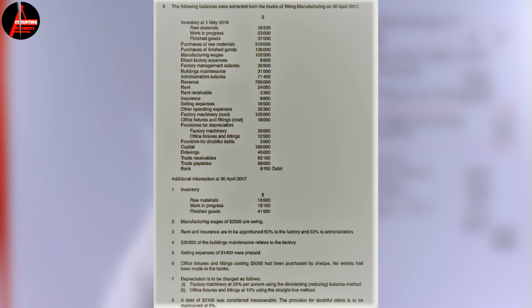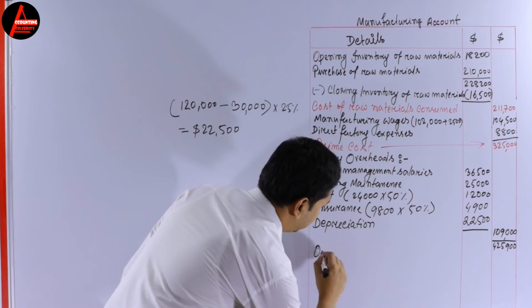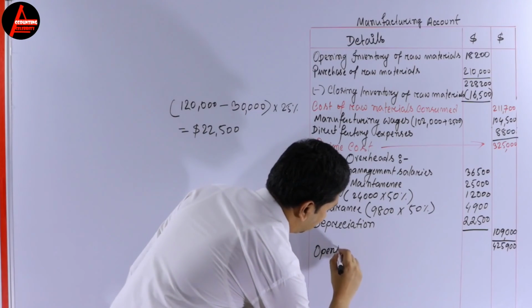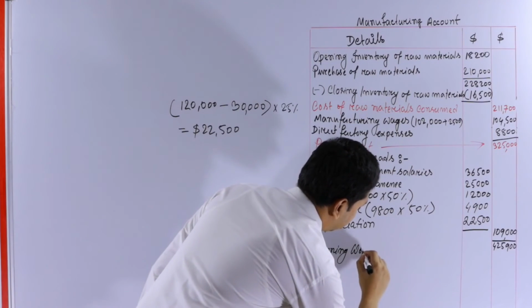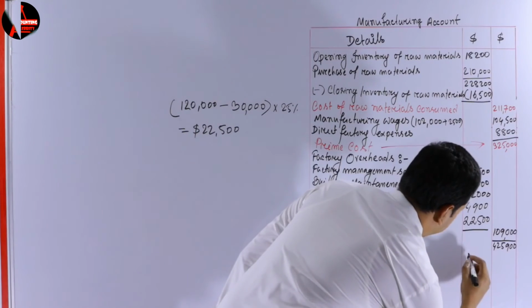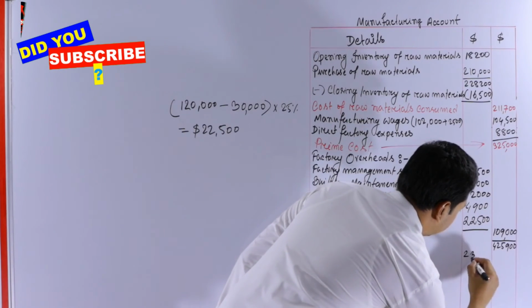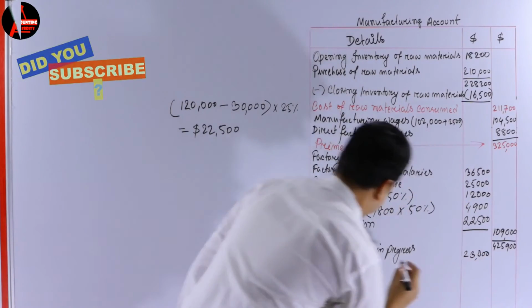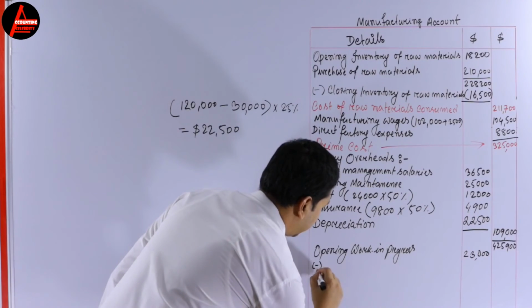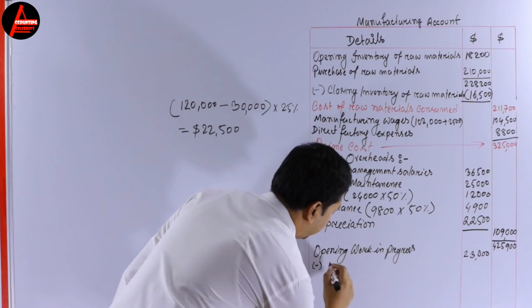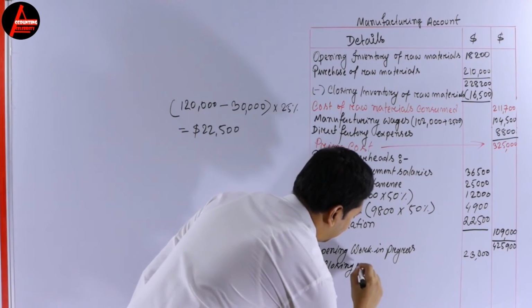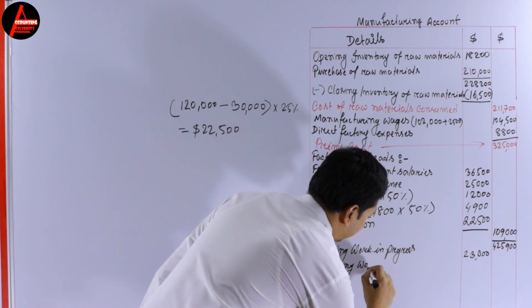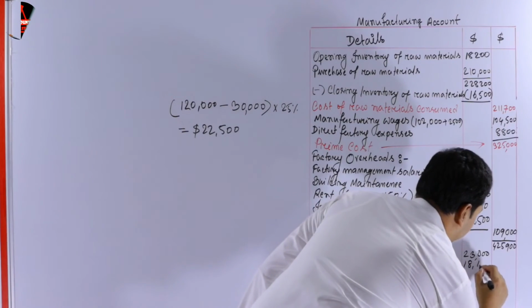Now we have work in progress. Let us write here opening work in progress. It is $23,000, written in the question. Subtract, or less, closing work in progress, which is $18,100.